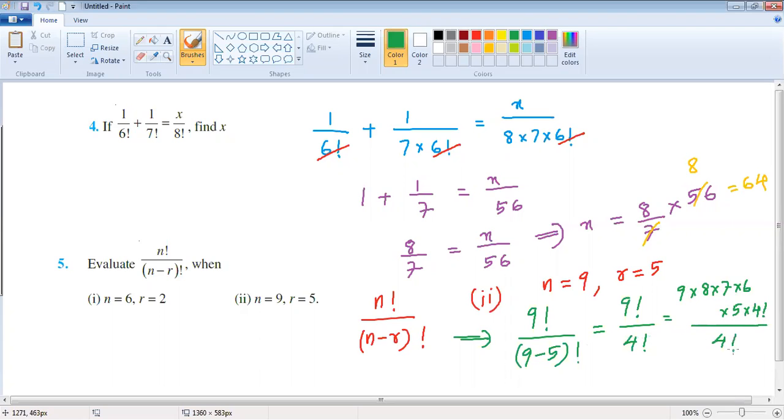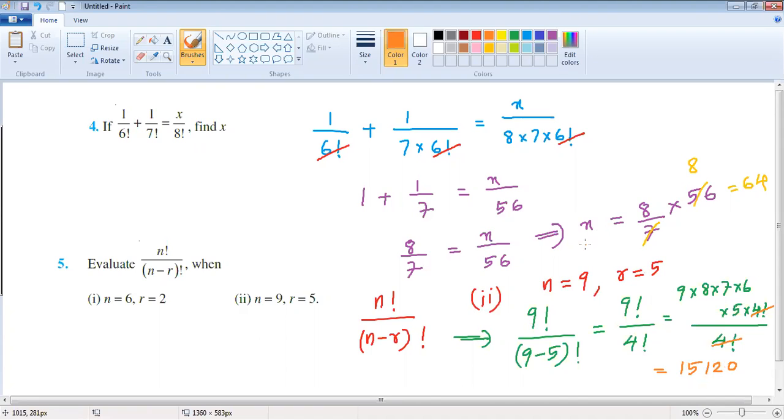So divided by 4 factorial, this 4 factorial cancels. What remains is 9 into 8 into 7 into 6 into 5. You have to multiply 9 into 8 into 7 into 6 into 5, which is 15120. That's the answer.